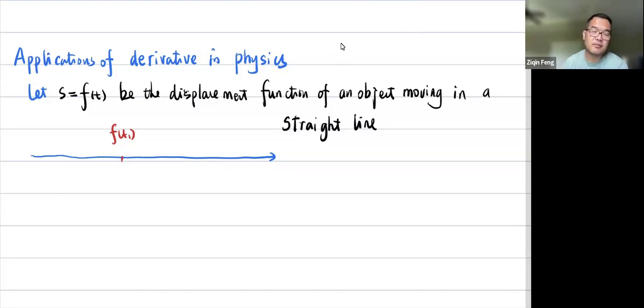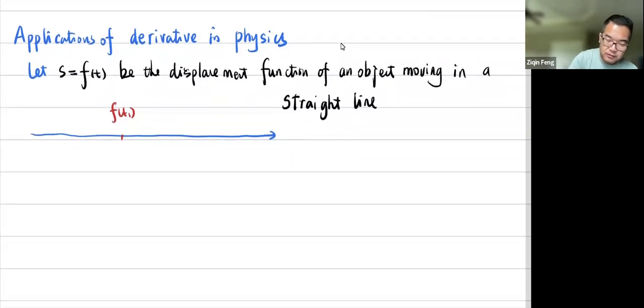It's basically the same idea. If we know how to calculate the average velocity, you pick a t2, different from t1 for sure.